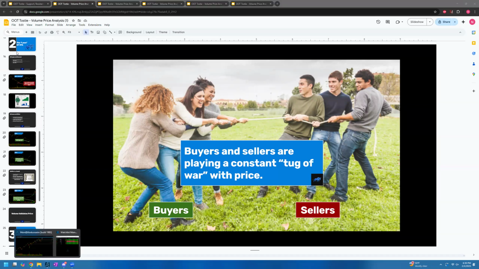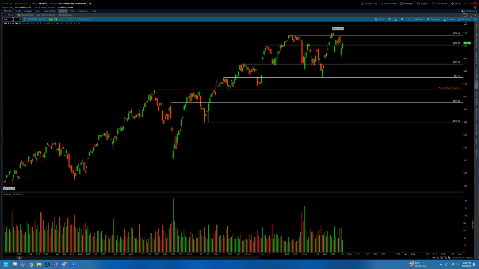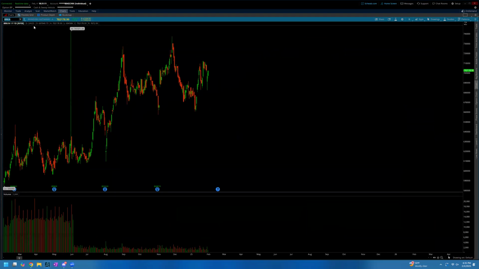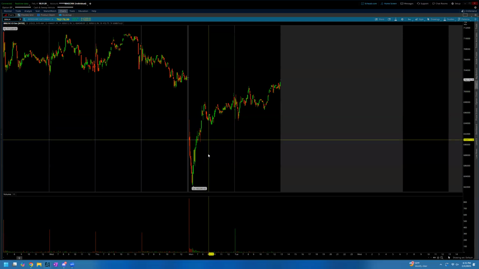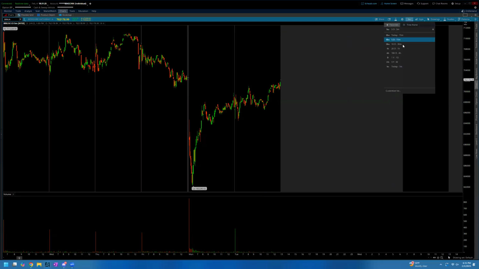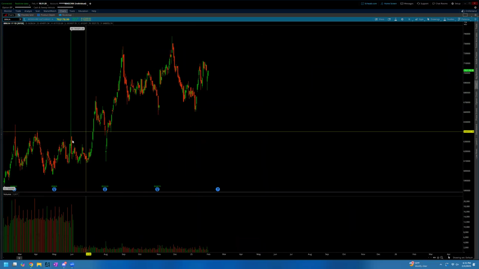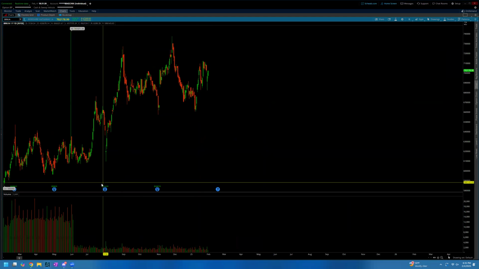Take Berkshire Hathaway, Berk A. It's a $700,000 stock, and it's pretty easy to buy and sell. It doesn't have much volume, only a few tens of shares, but it's got good liquidity. Not many people are buying and selling it, but people are interested in it.